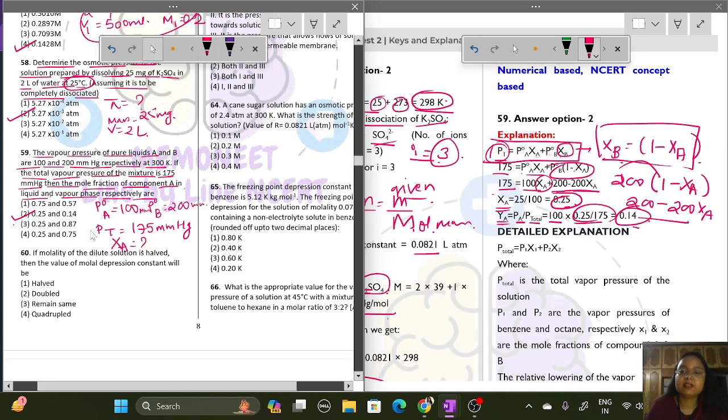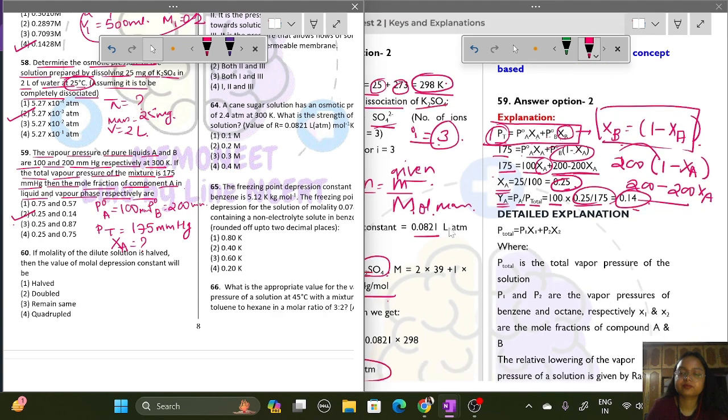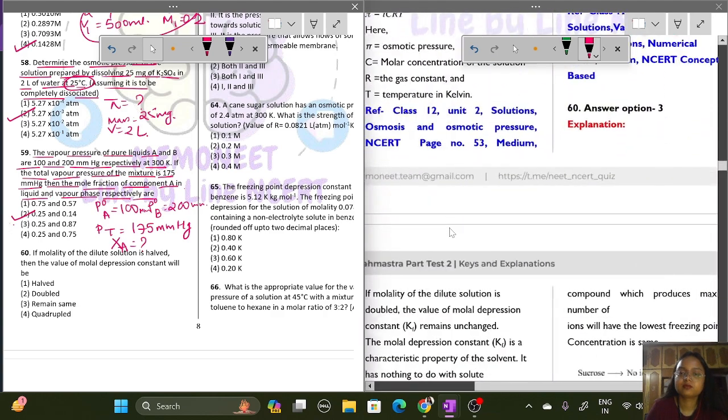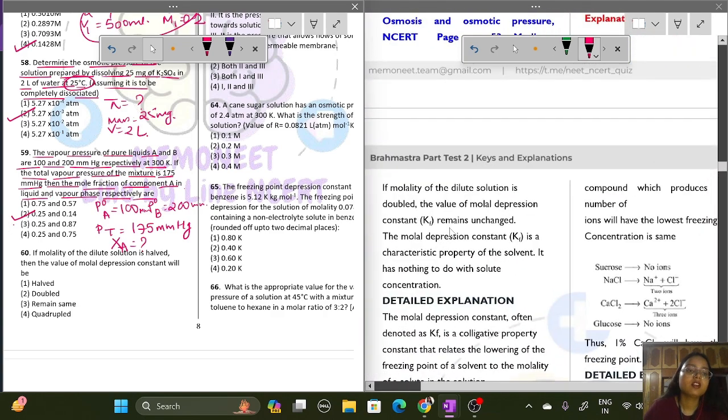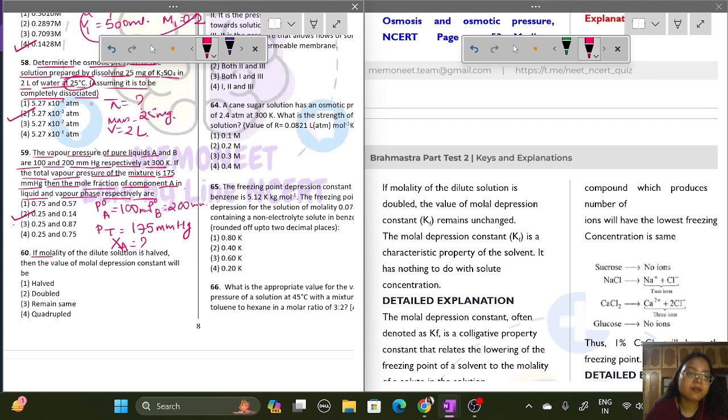Next is question number 60. Question number 60 says that if the molality of the dilute solution is halved, then what will be the value of molar depression constant?